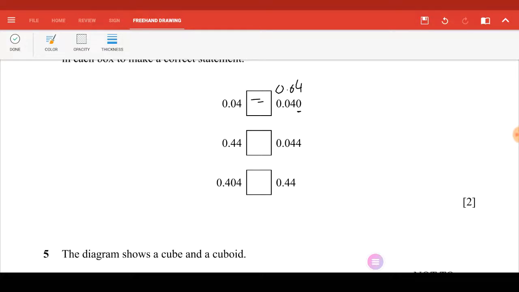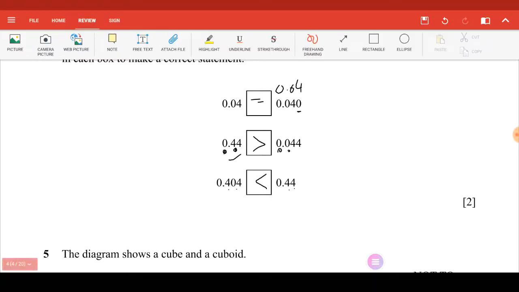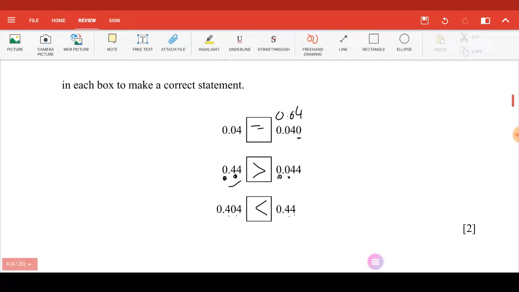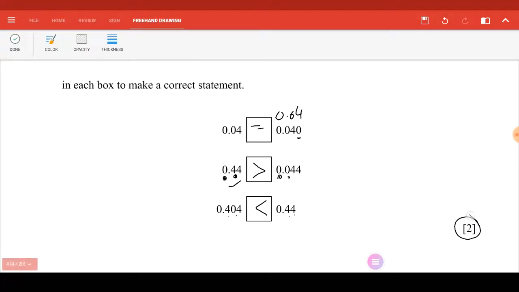When you compare the second one, starting from the left, they are equal, but here we have 4 compared to 0, so this is higher. And this one, 4 versus 4 0, so this one is higher, is bigger. By the way, if you put two answers correct, you will get 1 mark.